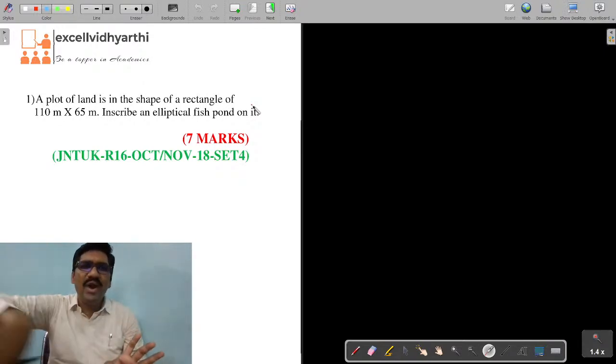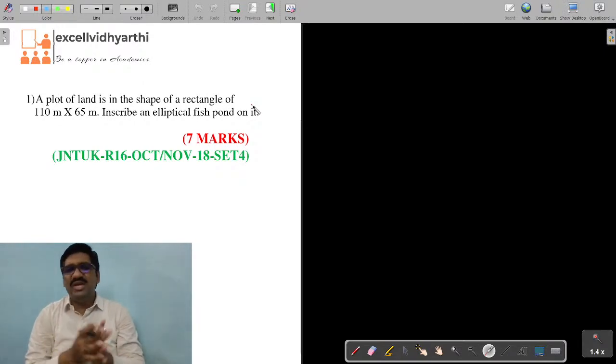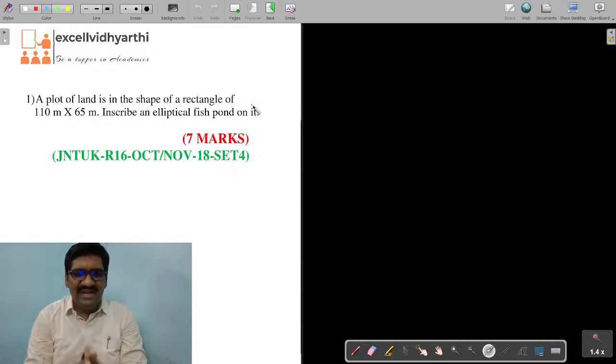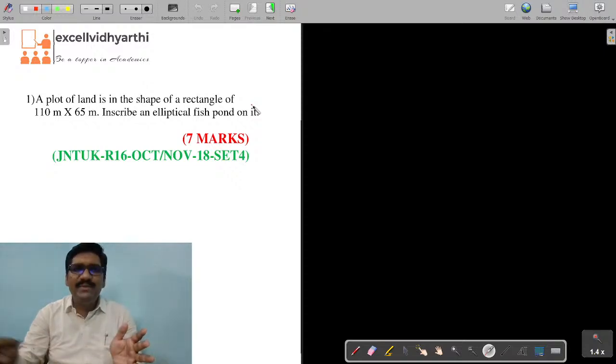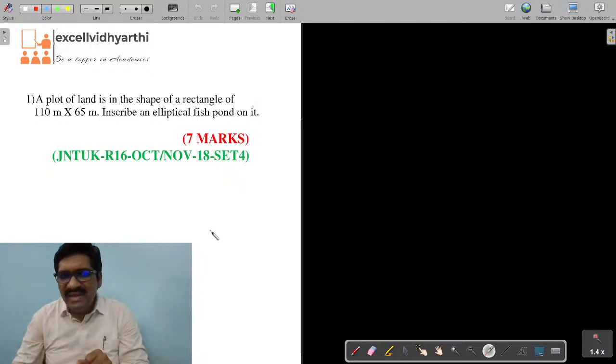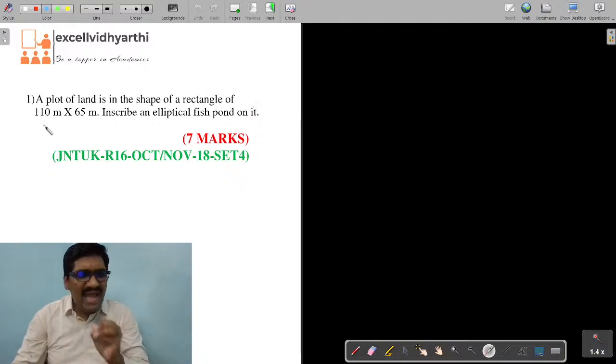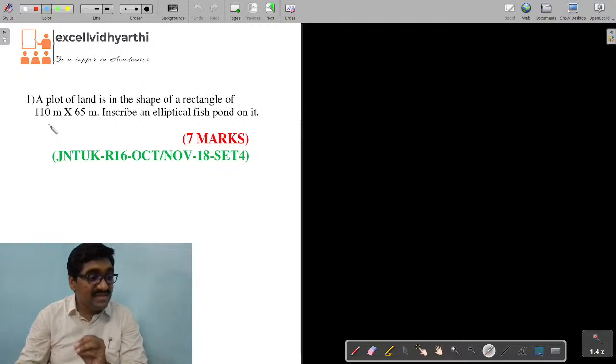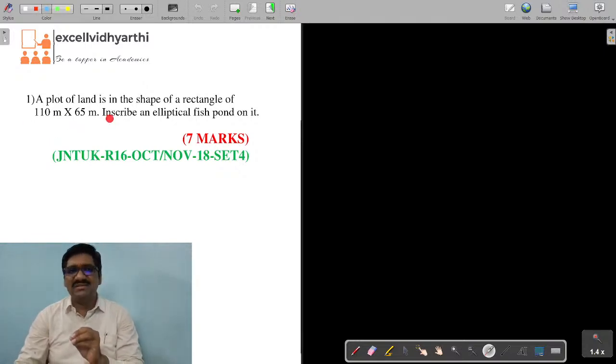In this rectangle land we have to lay out the pond in an elliptical shape. You know, all of you, fish pond, చేపల చెరువు. So we have to just inscribe an elliptical shape of fish pond in a rectangle. But the problem is, what are the dimensions of the rectangle? 110 meters by 65 meters.